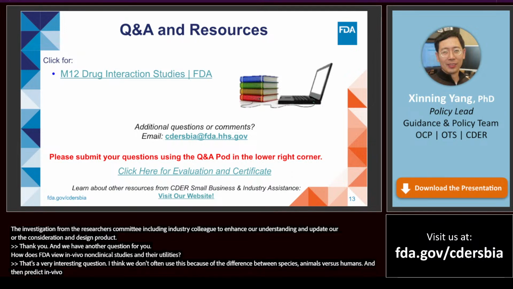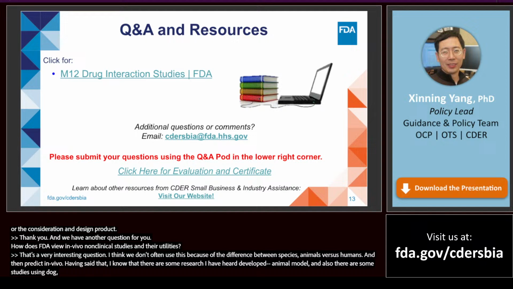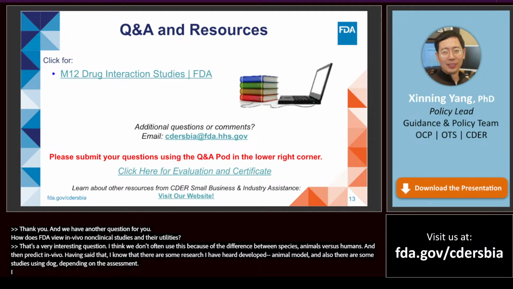Having said that, I know that there are some research efforts to develop transgenic animal models, like transgenic mice, knockout, knock-in, and also there are some studies using dog, depending on the purpose of assessment. I think there's some utility for proof of concept, and this will probably be case by case.